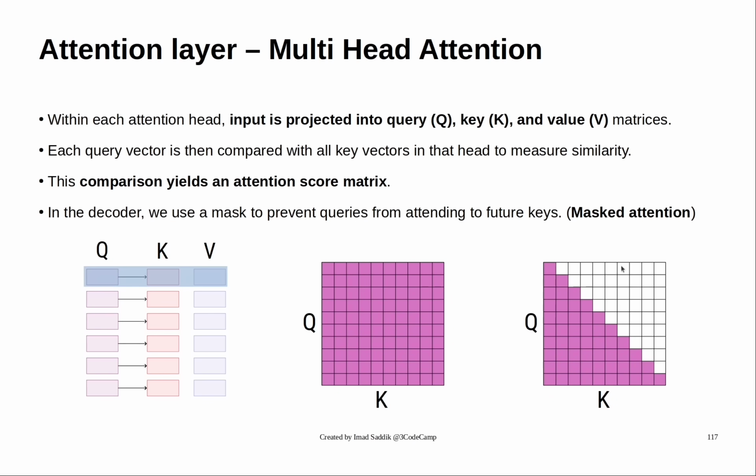These cells that are colored in white contain zeros. This means that the model will not be able to cheat because it doesn't have that information. And here the cells colored in pink contain the actual attention scores. By using this trick, we will ensure that the model learns how to predict the next token instead of cheating.